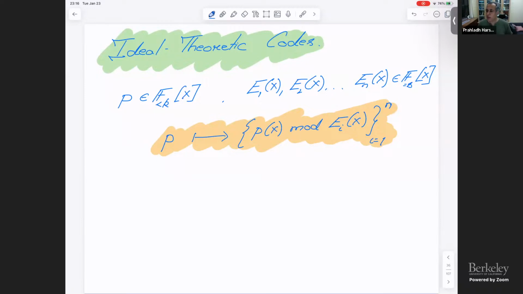We've seen 3 examples so far: Reed-Solomon, Reed-Muller, folded Reed-Solomon. Each of them has some very nice properties. So what I'd like to ask is what are examples of polynomials E1, E2, up to En such that this is a nice encoding? Is the question clear?